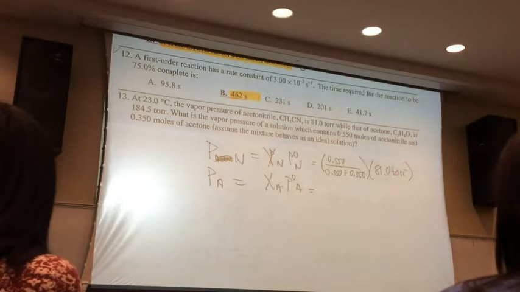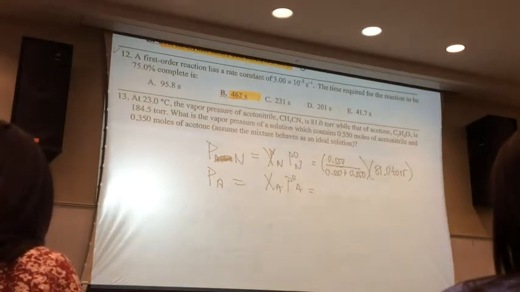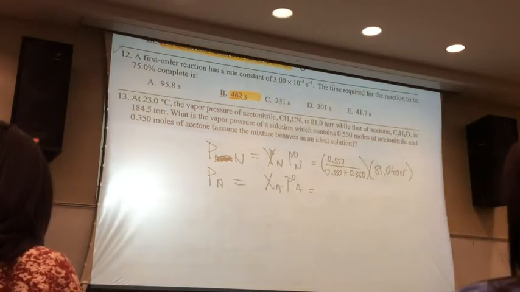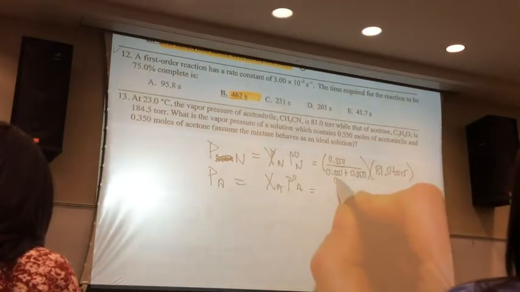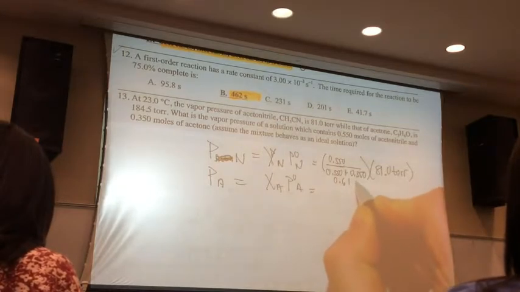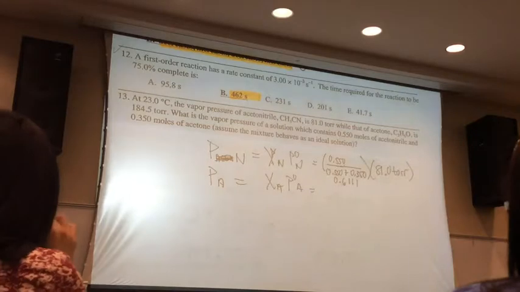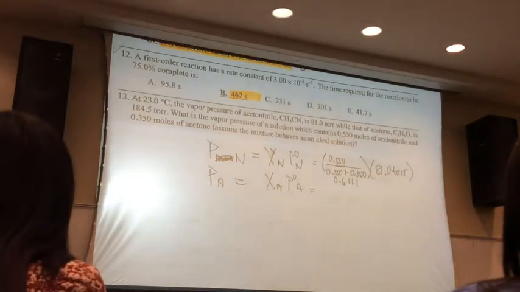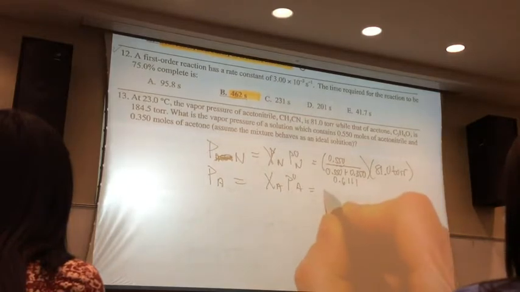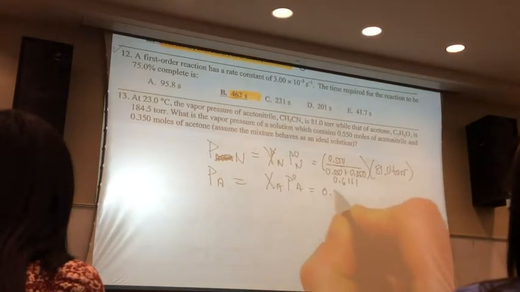So we have 0.55 plus 0.35, that's 0.9. 0.55 divided by 0.9 gives 0.6111. The other mole fraction is going to be what, 0.3889?